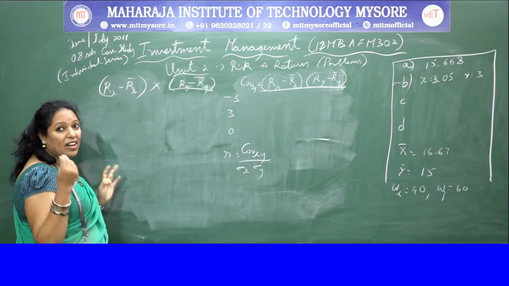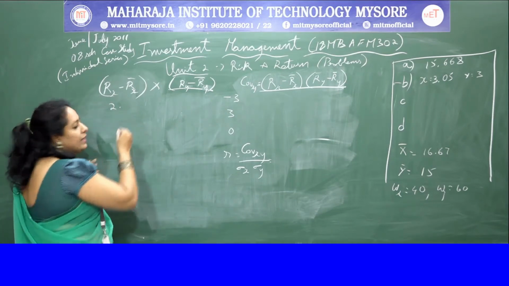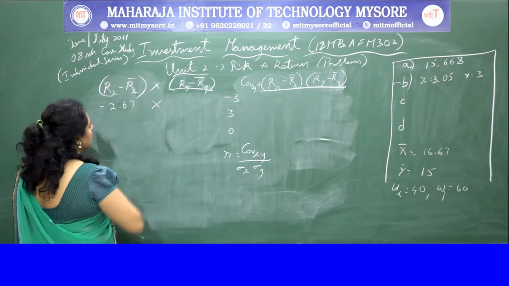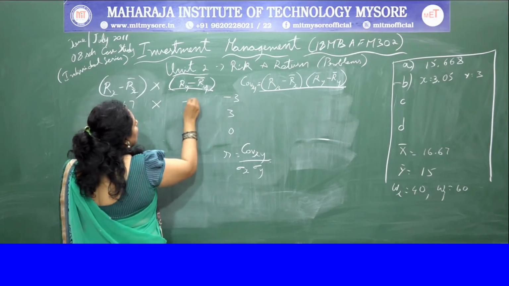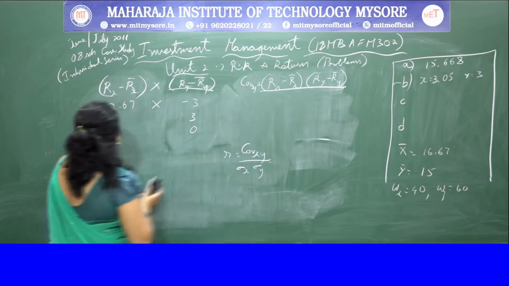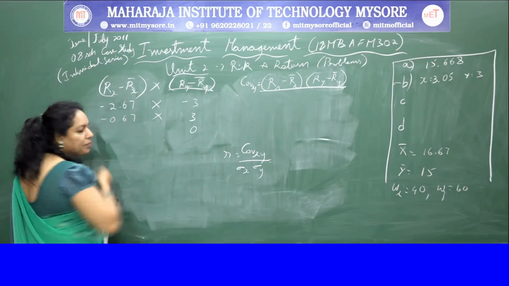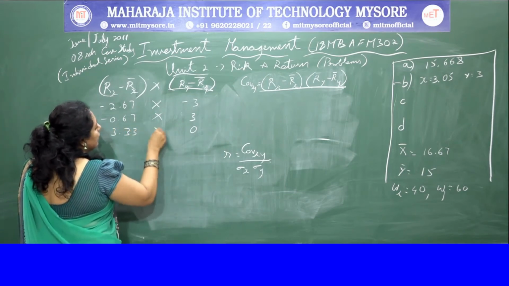So let us recall and write Rx. It is 2.67, minus 0.67, and 3.33.